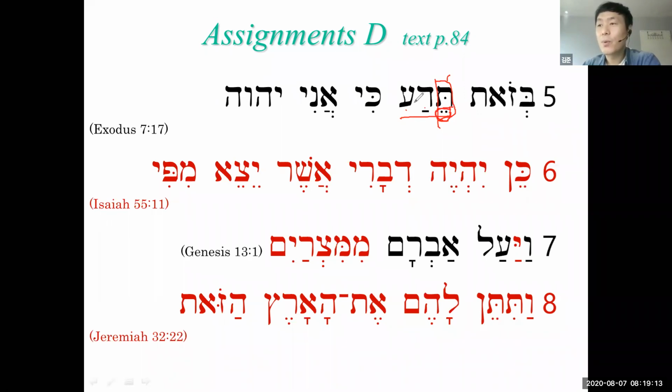to know. By the way, this yada is quite interesting. You know, we are all adults, I'm not really shy to mention this. Yada means a sexual relationship too. So when you say "I know her", you have to be really careful in the Hebrew sense, because yada even includes that sexual relationship.